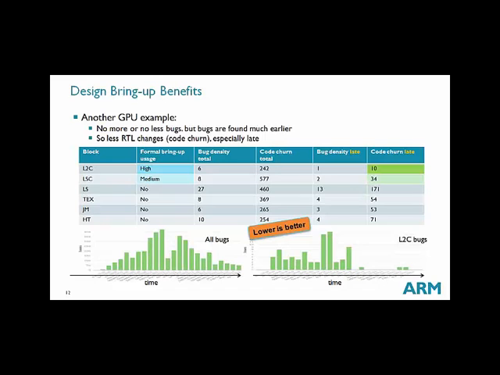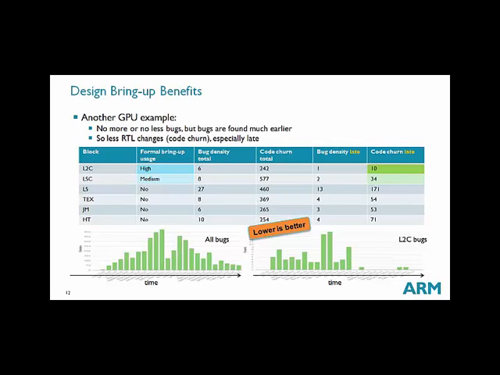So on the left-hand side, you can see the bug distributions over time for all the blocks. So it looks like a Gaussian, basically, with most of the bugs being in the middle of the project. This is not surprising. On the right-hand side, we can see one module where we use formal ABV very early.